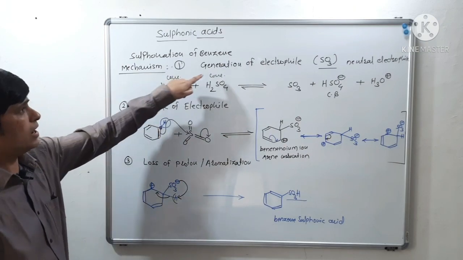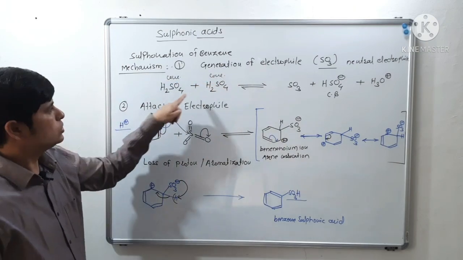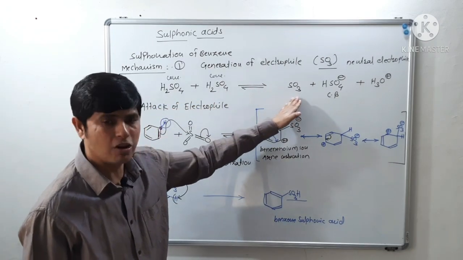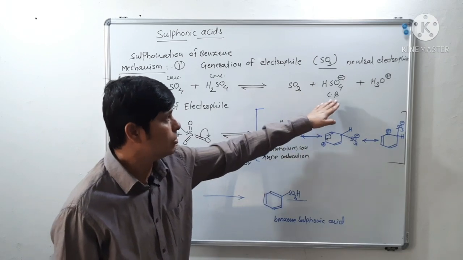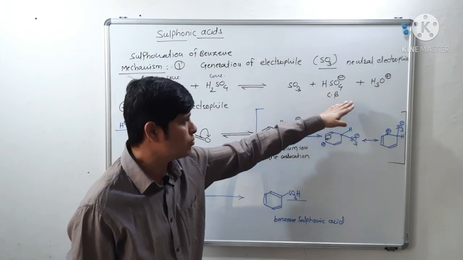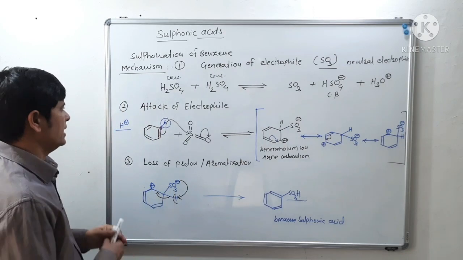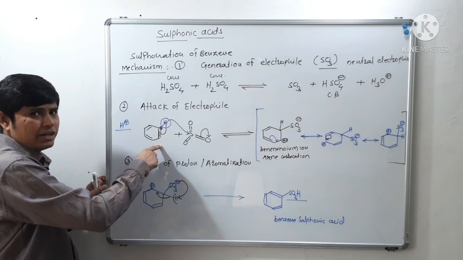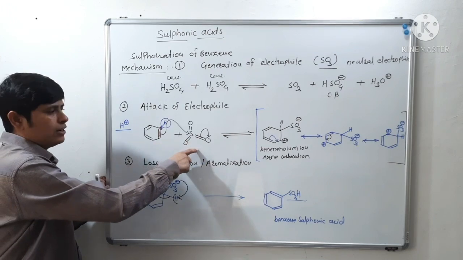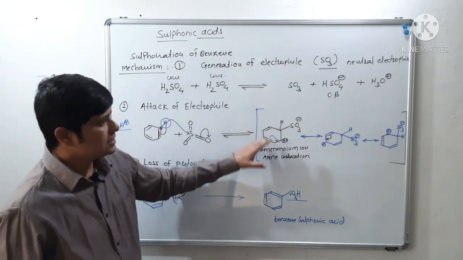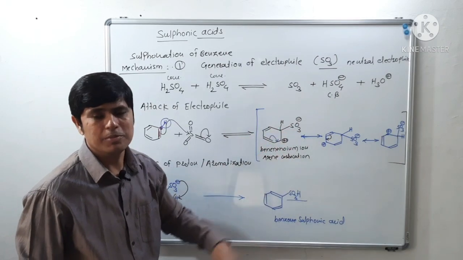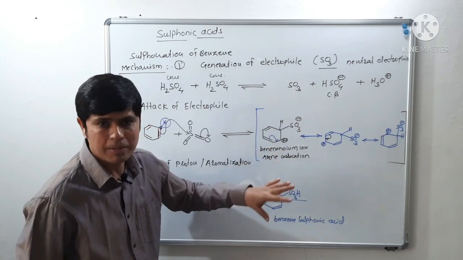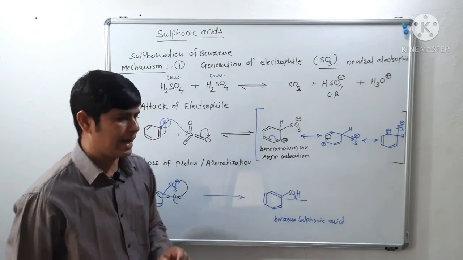The steps involved are: first, generation of the electrophile. Concentrated H2SO4 undergoes a disproportionation reaction to give sulfur trioxide gas, which is the electrophile, with HSO4 minus as conjugate base and protonated water. Next, attack of the electrophile. The benzene ring is nucleophilic in nature and attacks the electrophile. We get an intermediate stabilized through resonance, which we call the benzenonium ion or arene carbocation.